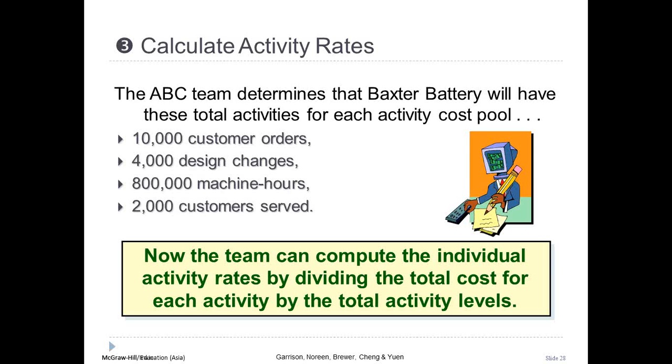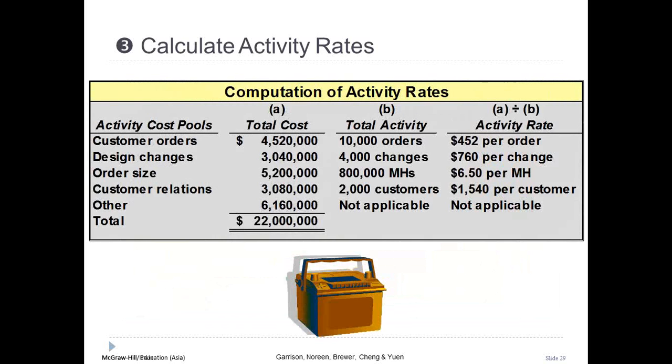This information enabled the team to compute ABC rates for each activity by dividing the total cost in each activity cost pool by the respective quantity of the activity measure. The activity rate for each cost pool is computed by dividing the total cost of an activity cost pool by the total activity for that pool.